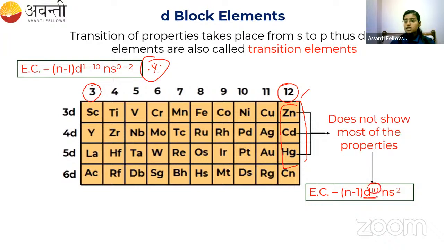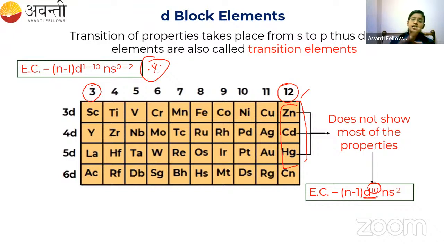The d orbital has 10 electrons, which is actually the fully filled configuration for d orbital. So again the donation of electrons and the gain of electrons will be very less. It will not react mostly with other D block elements.